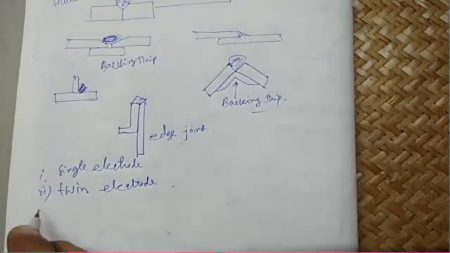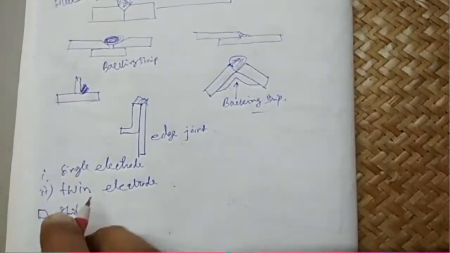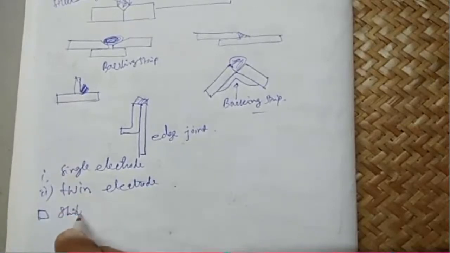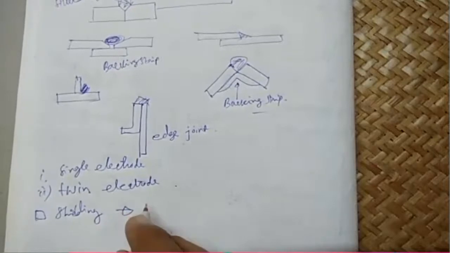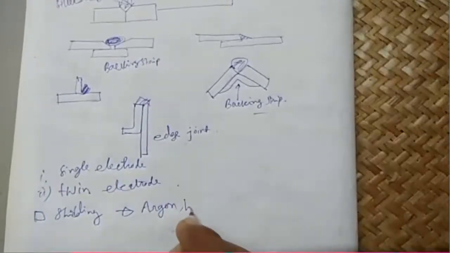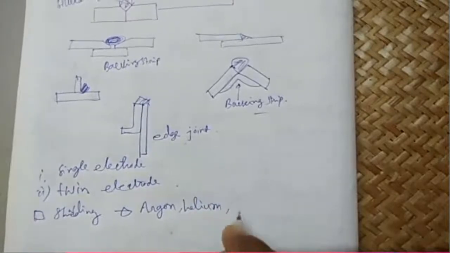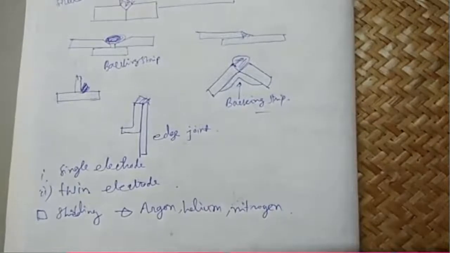For shielding purposes, the gases normally used are argon, helium, and nitrogen also.